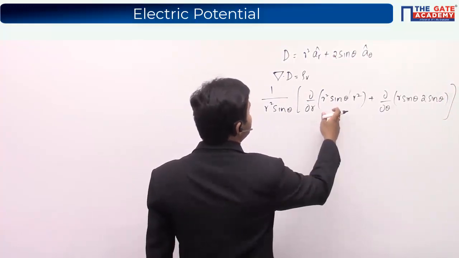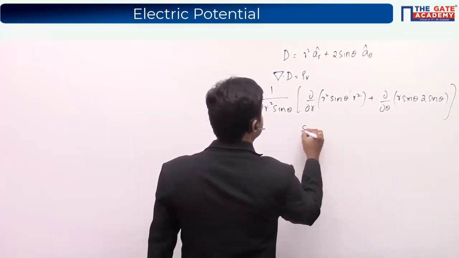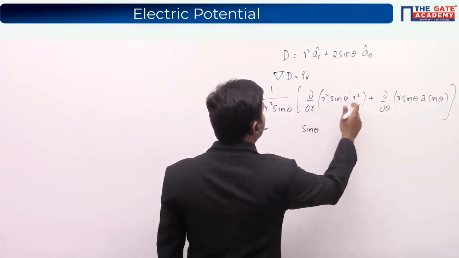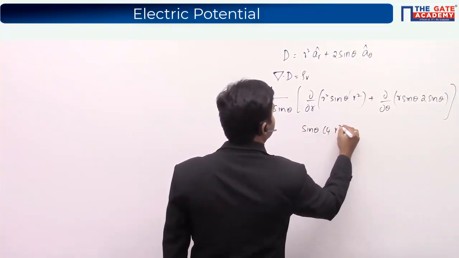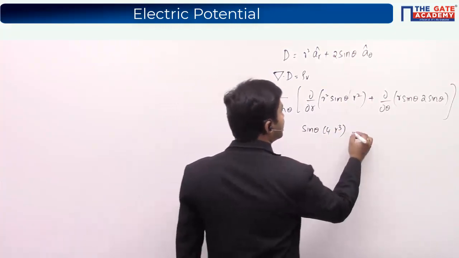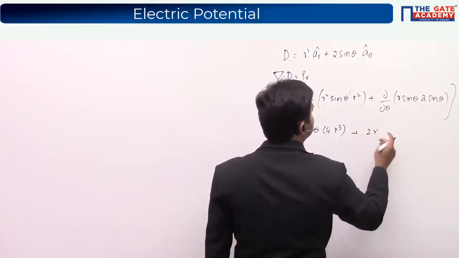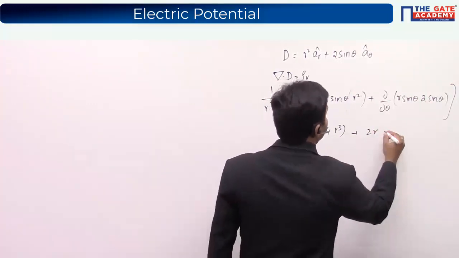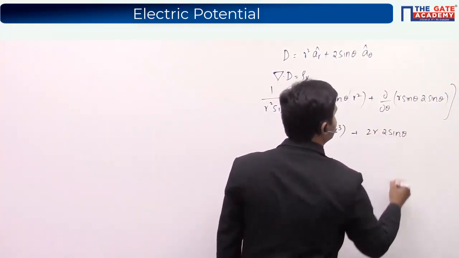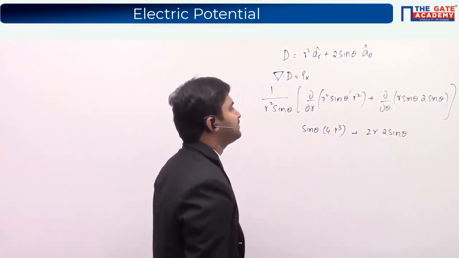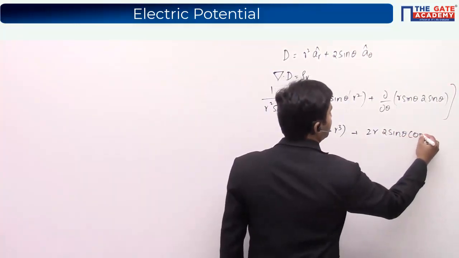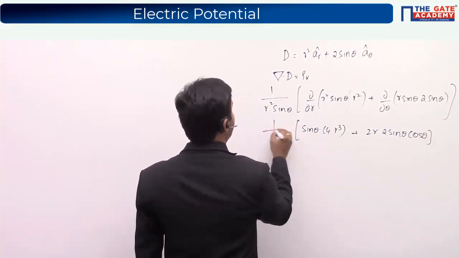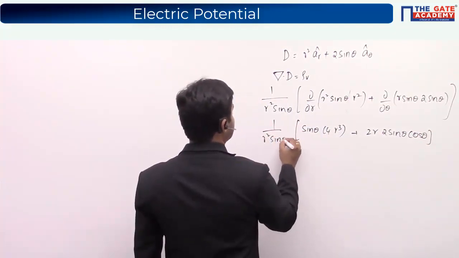Sin theta comes outside, and the derivative of r power 4 is going to be 4r cube. Here 2r can come outside, and you are partially differentiating with respect to theta: 2 sin theta gives 2 sin theta multiplied by cos theta. And here you're going to have 1 by r square sin theta.